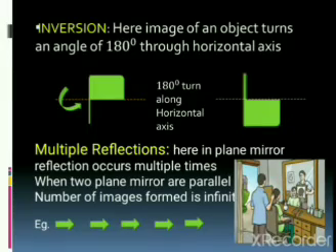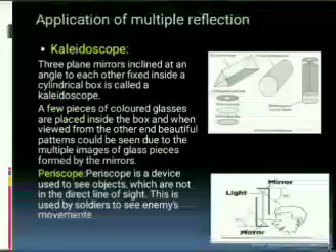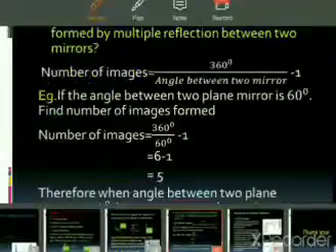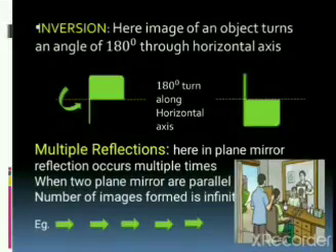So which means when two plane mirrors are exactly parallel to each other, the number of images formed would be infinite. In a larger scenario, you might have observed, if two exactly plane mirrors are there, then the number of images formed on the mirror would be infinite. Always remember, you cannot count.